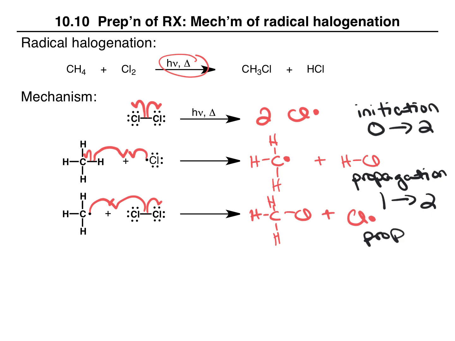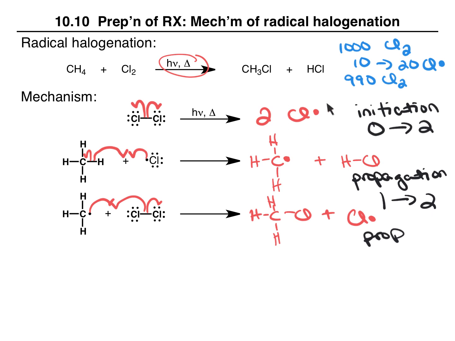Let's say this is a really, really small quantity compared to what we would normally use, but let's make the math a little bit easier. Let's say we started out with 1,000 molecules of chlorine. Now, the initiation step is not very efficient, so maybe only 10 molecules react to form 20 chlorine radicals. That leaves us with 990 molecules of chlorine.